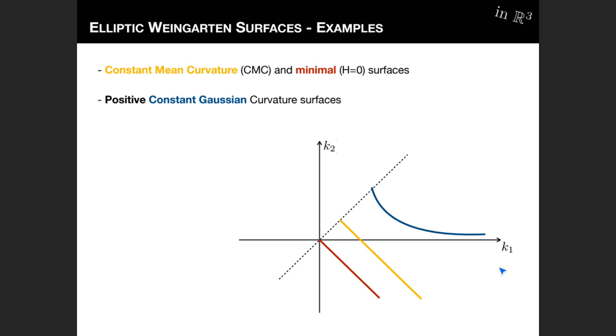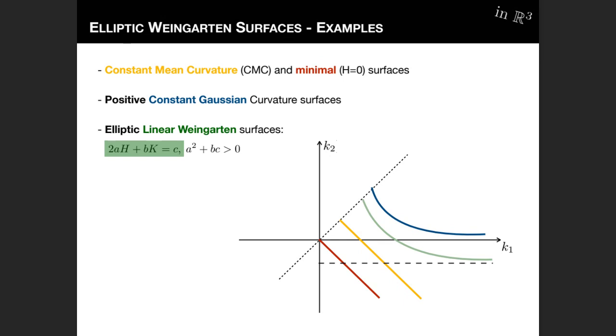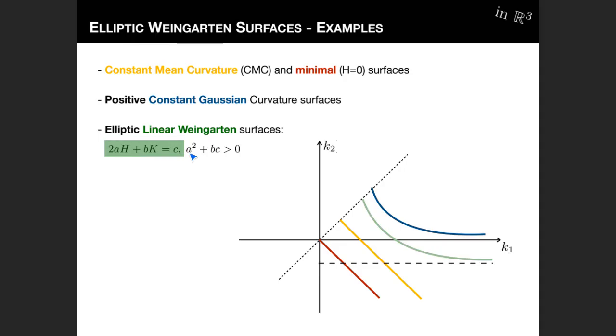the K1 axis. And there is also a well-known type of elliptic Weingarten surfaces known as elliptic linear Weingarten surfaces. The linear equation is in terms of the mean curvature and the Gaussian curvature. And this condition between A, B, and C is in order to have the ellipticity condition.